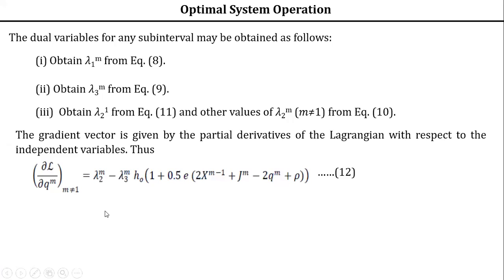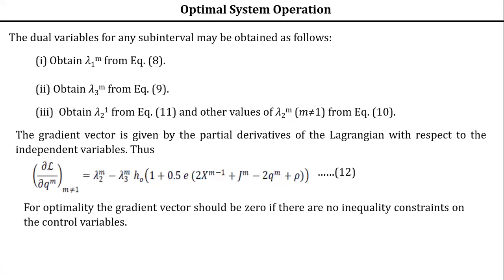So that's why we are getting two equations for Q: one with respect to Q1 alone, the other with respect to Qm, where m is not equal to 1. This is the thing you should remember. Now, for optimality, the gradient vector should be 0 if there are no inequality constraints on the control variables.